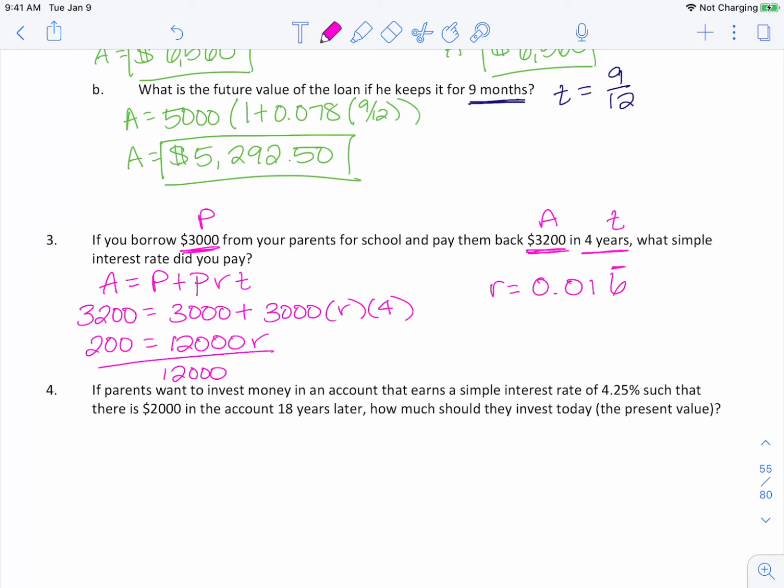So this will come out to be 1.67%, or you could say 1 2/3%, or you could say 1.6 repeating percent. I would say let's round this to 1.67 just because that's the easiest one to keep track of if we go to the hundredths place on the percent.